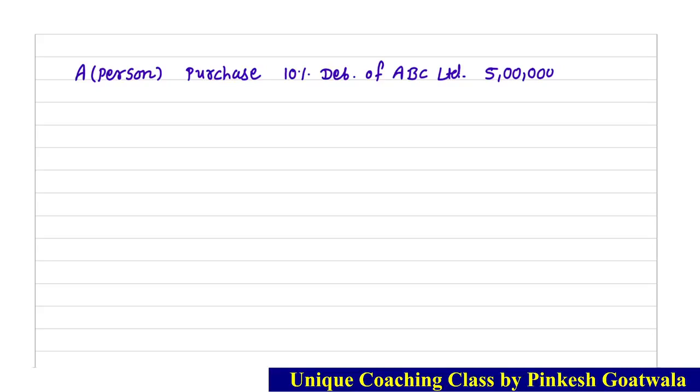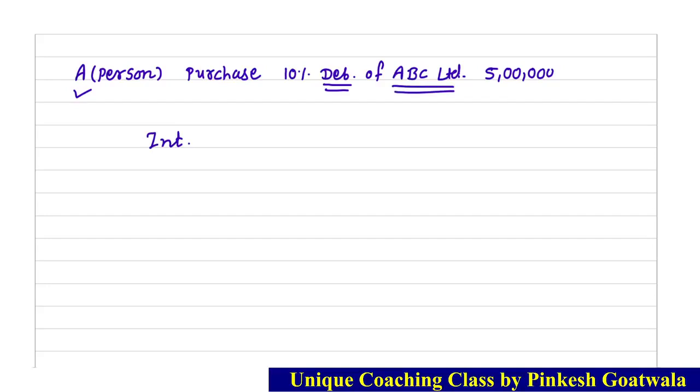Here he has invested in ABC Limited debentures, so commonly he will get interest, right? But the question is when he will get the interest. When the company pays. When ABC Limited makes payment, then interest will be received, and the date of interest is fixed.